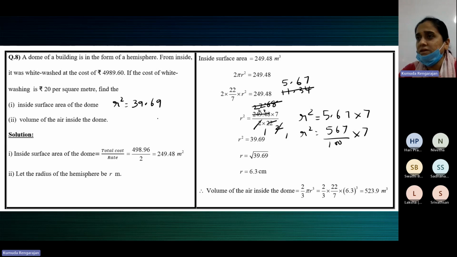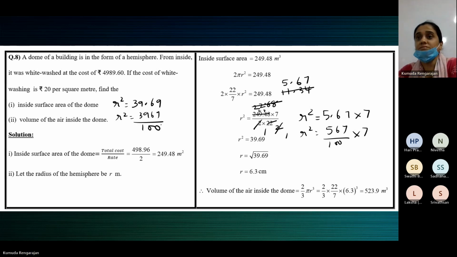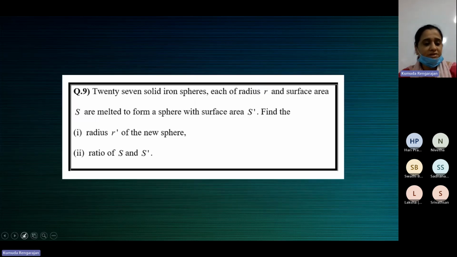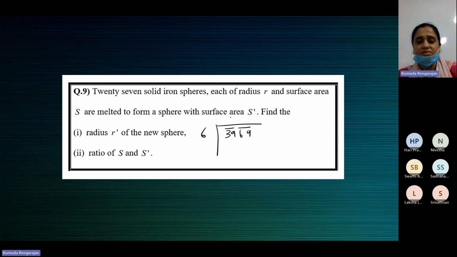You should know the division method to find the square root. You can also write r square is equal to 3969 by 100. So how do you find the square root? 3969. You'll have to pair it like this. 6 6s are 36. 3 is the remainder. The next pair comes down. Double the quotient.